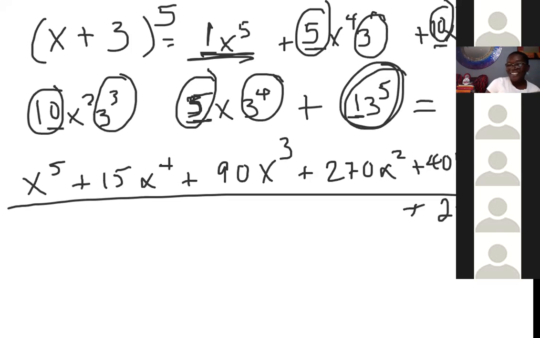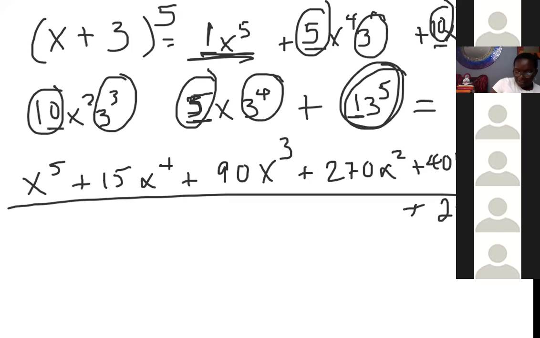Okay, let's move on. I'm going to do another one, guys. But this time I am going to use the factorials to come up with the coefficients of the binomials.